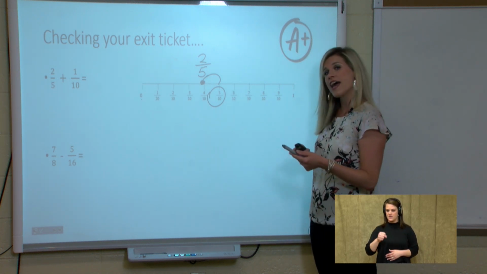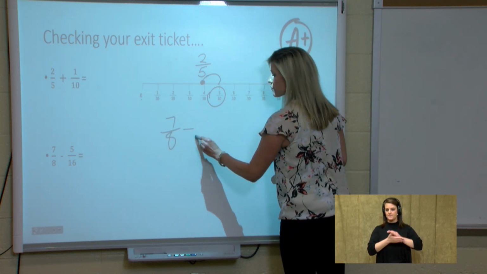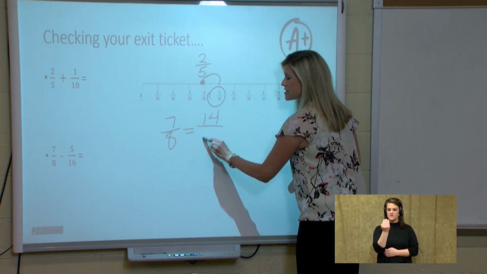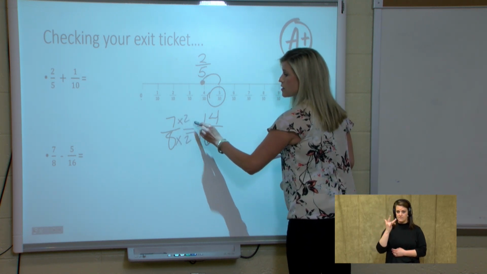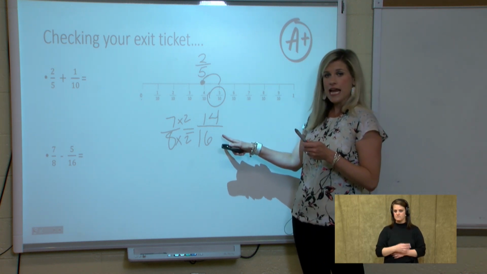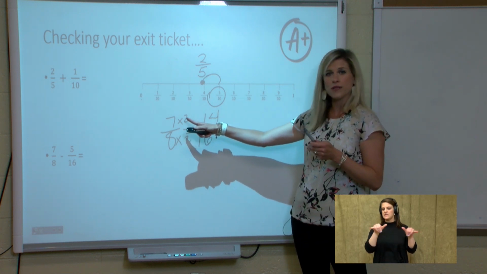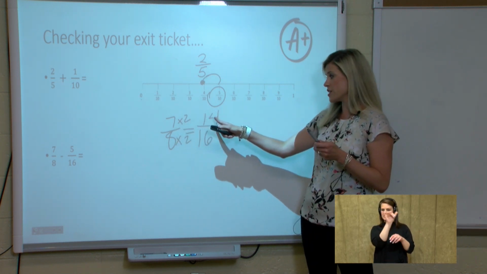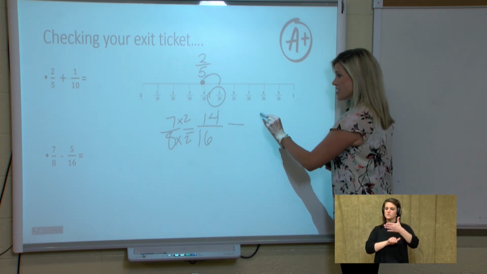So 7/8 would turn into 14/16 because we multiplied by 2 to get that denominator. And if we multiply by 2 to get the denominator here, we must multiply by 2 with the numerator to get the numerator there.